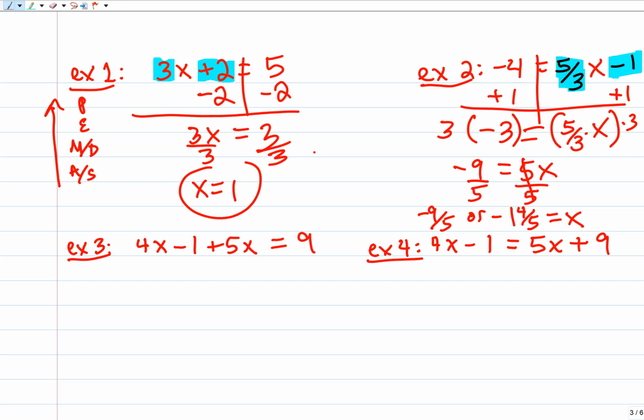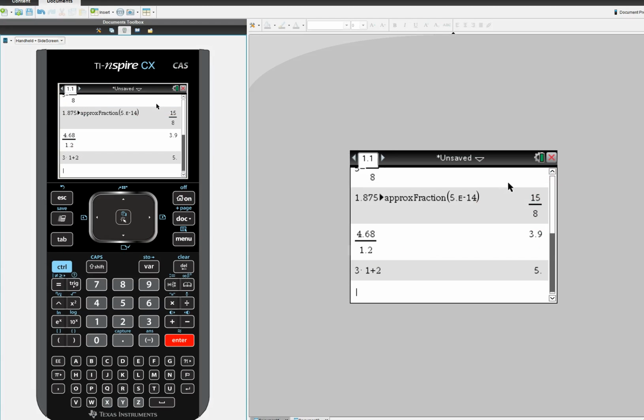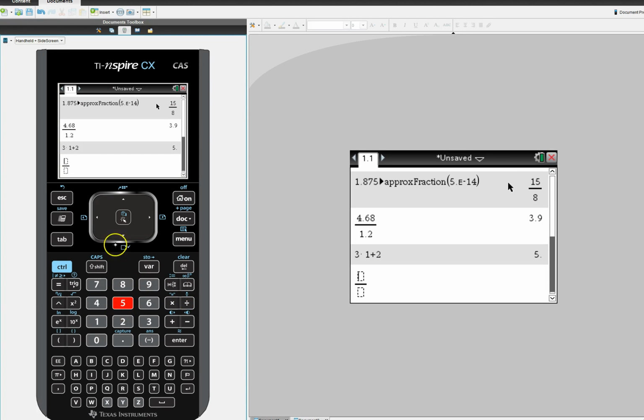Just for fun and giggles, let's check it. 5/3 times x, 5/3 times negative 9/5 minus 1. Wow. 5/3 times negative 5. Let me do this right. So control divide for mine. 5/3 times, what was our answer?